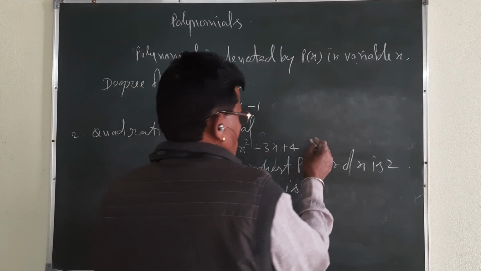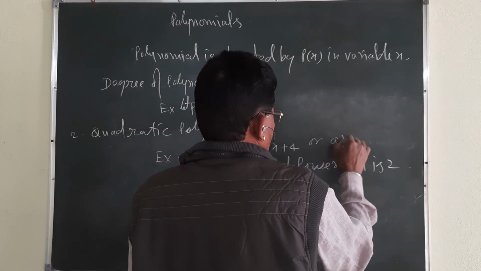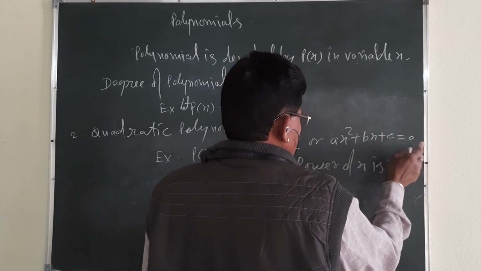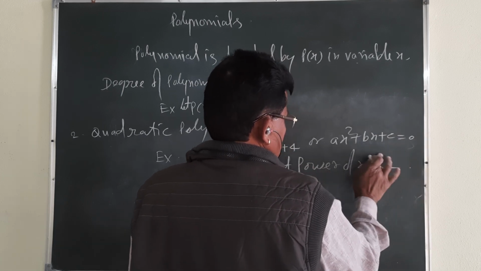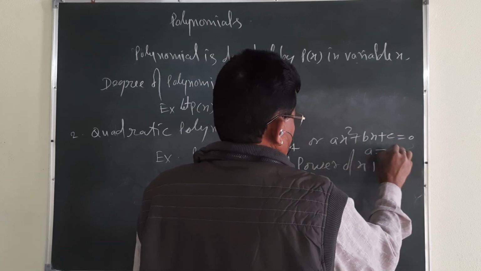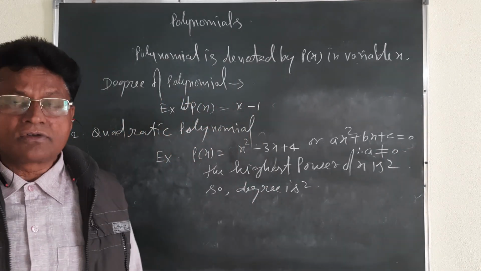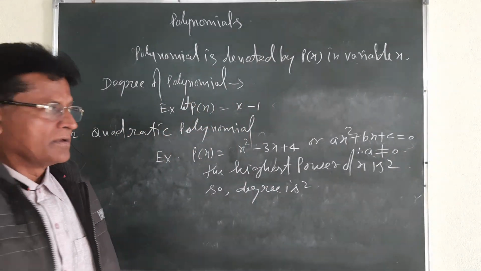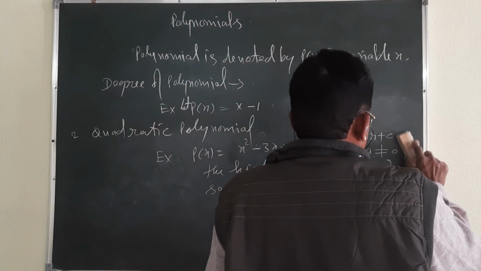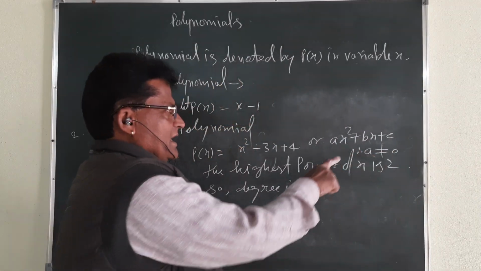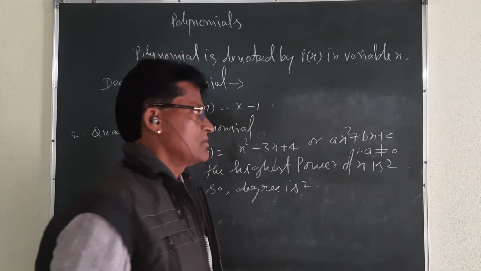Now its standard form. What will be the standard form? ax square plus bx plus c, but the condition is that a should not be equal to 0. Otherwise you write ax square plus bx plus c, where a is not equal to 0.